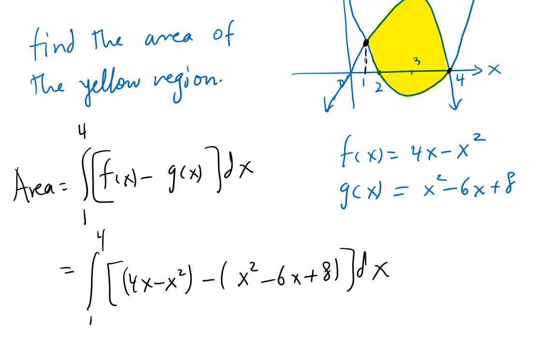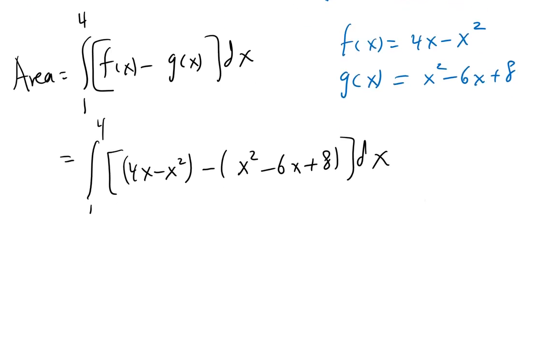Now we need to find how to integrate this. Okay, so how do we integrate this? First thing we do, besides integrating one at a time, we can simplify first.